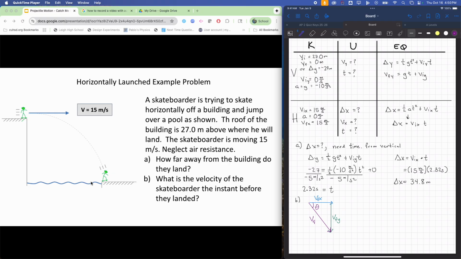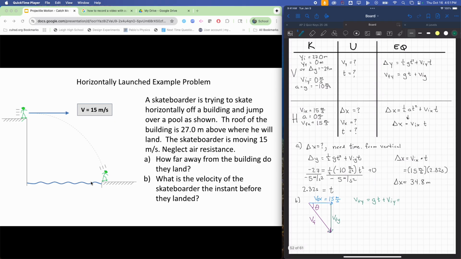So I need to figure out VFX. Well, it's moving at constant velocity, so I already know that the final velocity in the x direction is the same 15 meters per second. But the final velocity in the y direction depends on how long it was falling for. And so this is VFY is equal to g times t plus initial velocity in the y, which was 0.